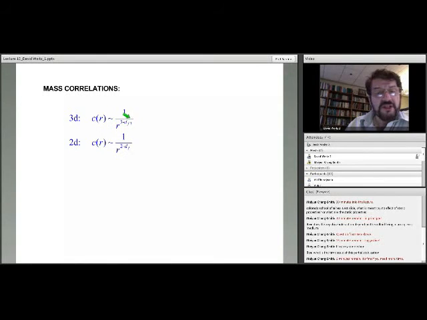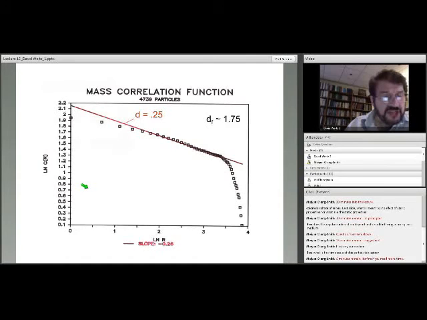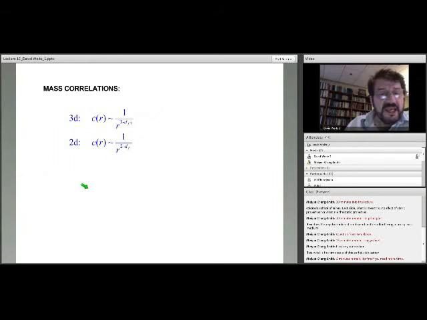So actually why I'm showing this is that if I were to look at a 3-dimensional object, so I can take one of those clusters and do this in 3 dimensions, I would expect the correlations to go as 1 over r to the 3 minus the fractal dimension. But if I collapse it down into 2 dimensions, and I just look at the 2-dimensional projection, I will still see something that decays and falls off.